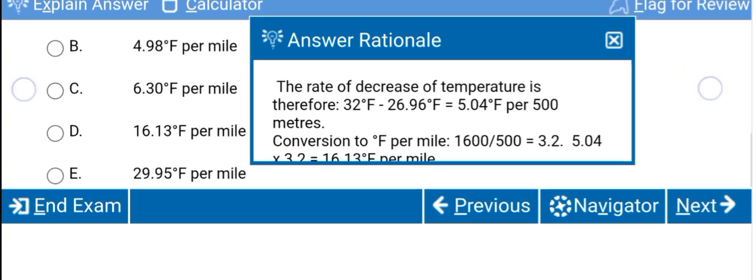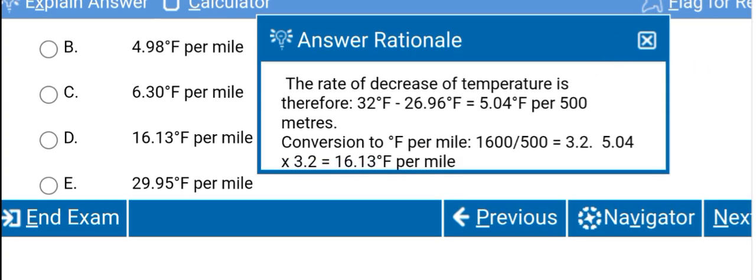So the rate of decrease of temperature is therefore 32 degree Fahrenheit minus 26.96 degree Fahrenheit equals 5.04 degree Fahrenheit per 500 meters.